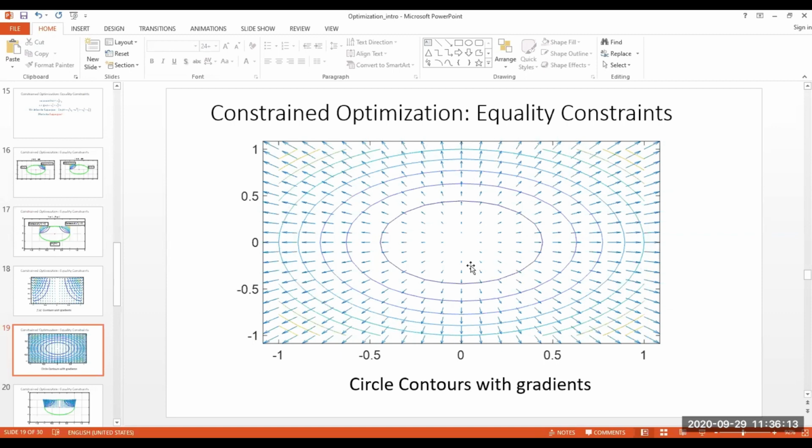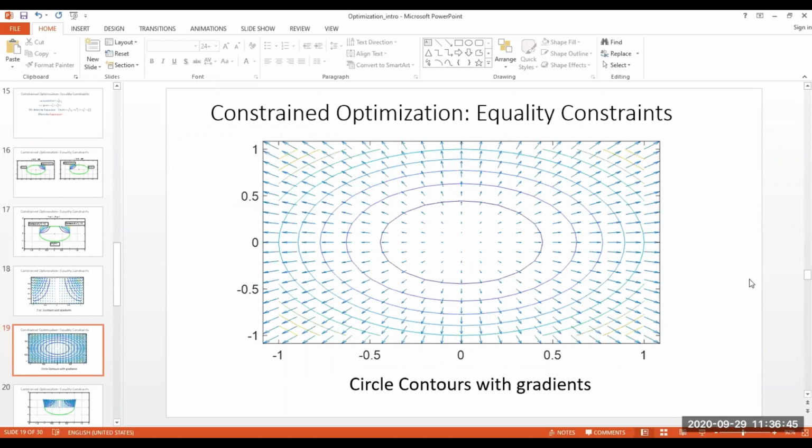I have only shown how different contours would look and how the gradients are going outward, away from the center. These are the circle contours, but we don't need this specifically for this problem. We only need the information of the gradient. Our circle of interest is this one, which is touching the point 1, the unit circle. Here also it is touching 1, the unit circle.